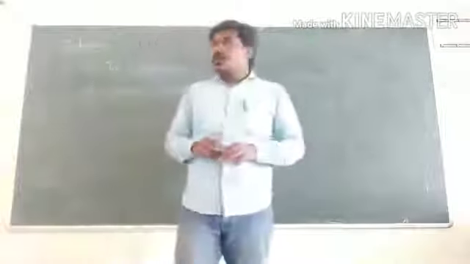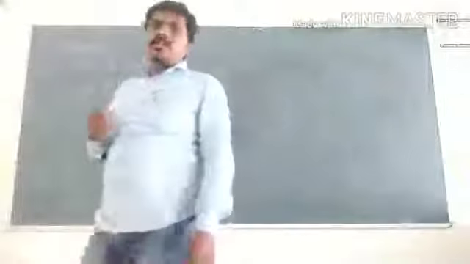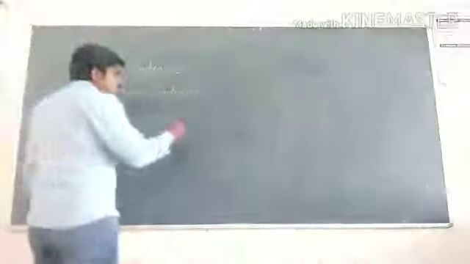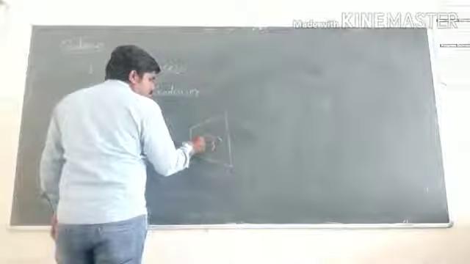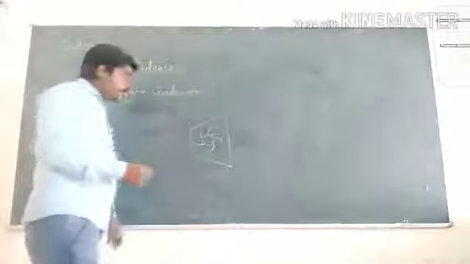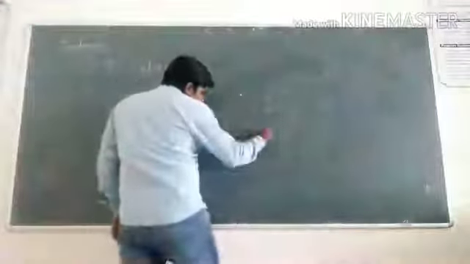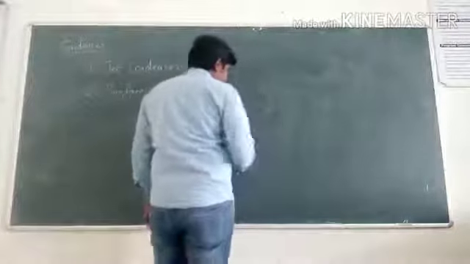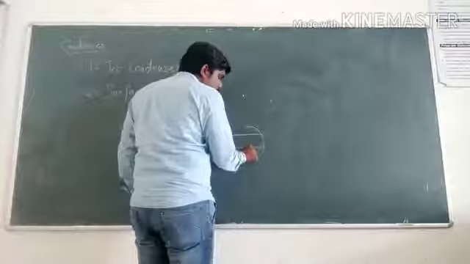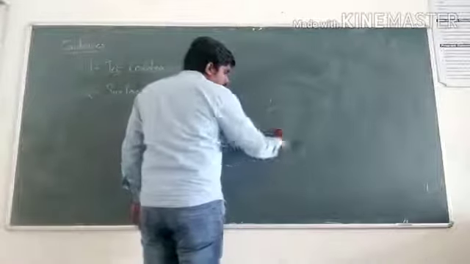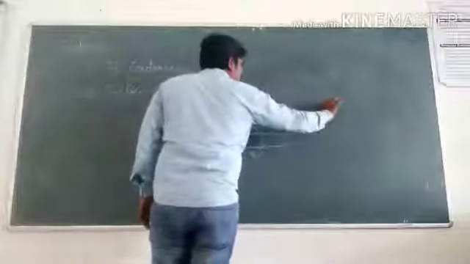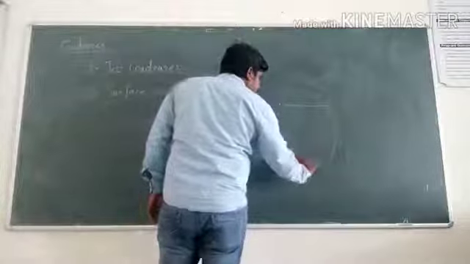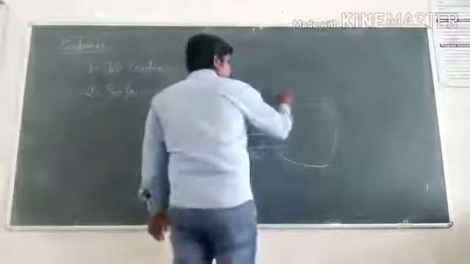The main function is to rotate my turbine. The turbine has blades like this. This turbine is connected to a shaft, and it also rotates, and this shaft is connected to the generator.